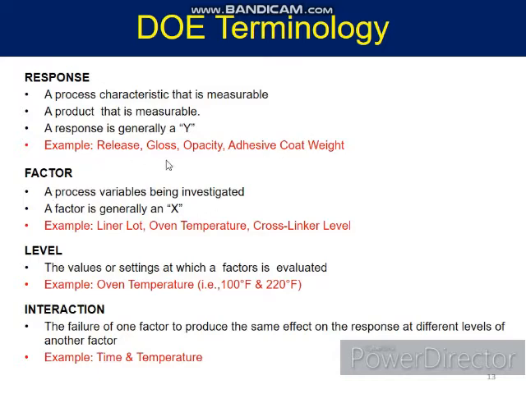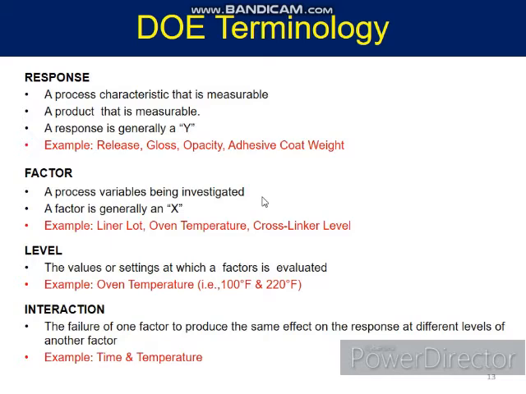Second is a factor. A factor is a process variable being investigated, generally known as X. We have talked about this at quite some length just now. In the example of baking bread, the factors would be temperature, number of eggs, and so on.